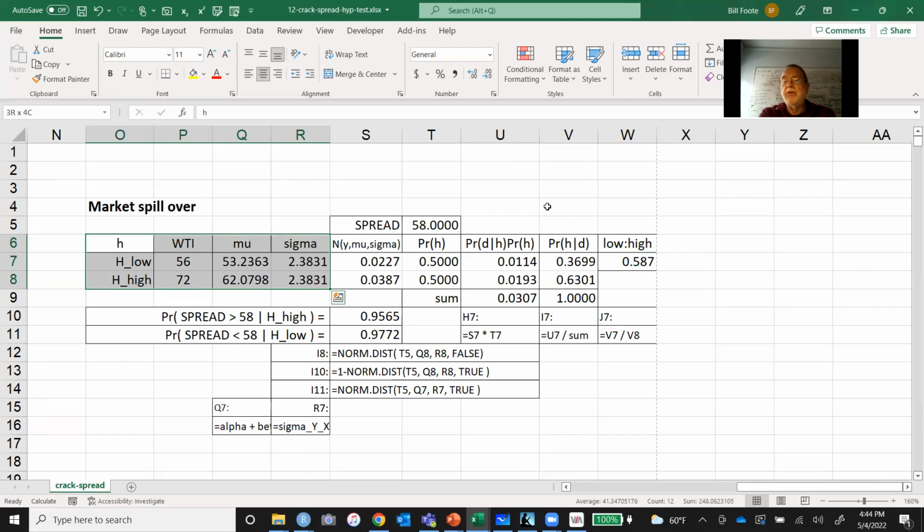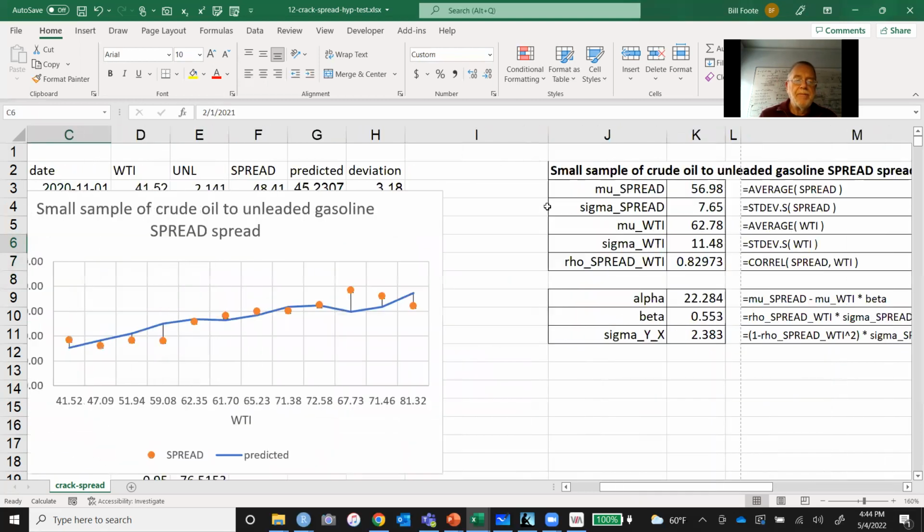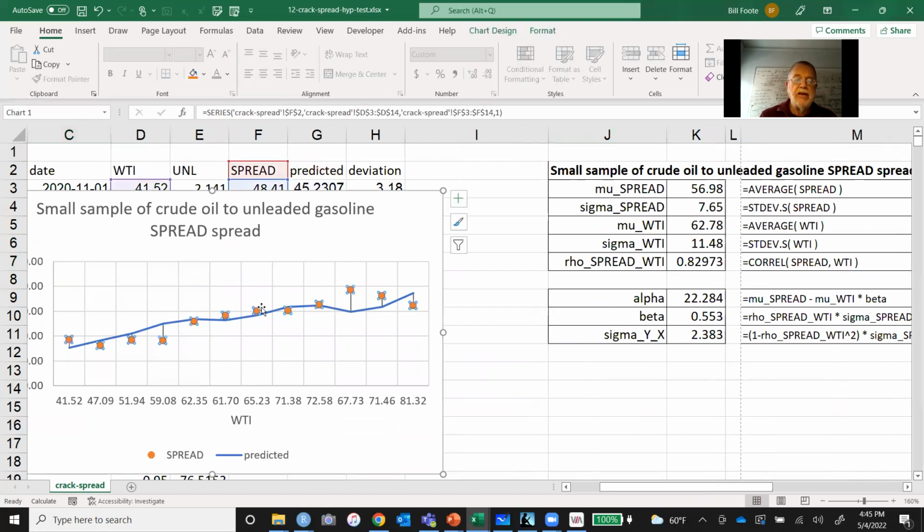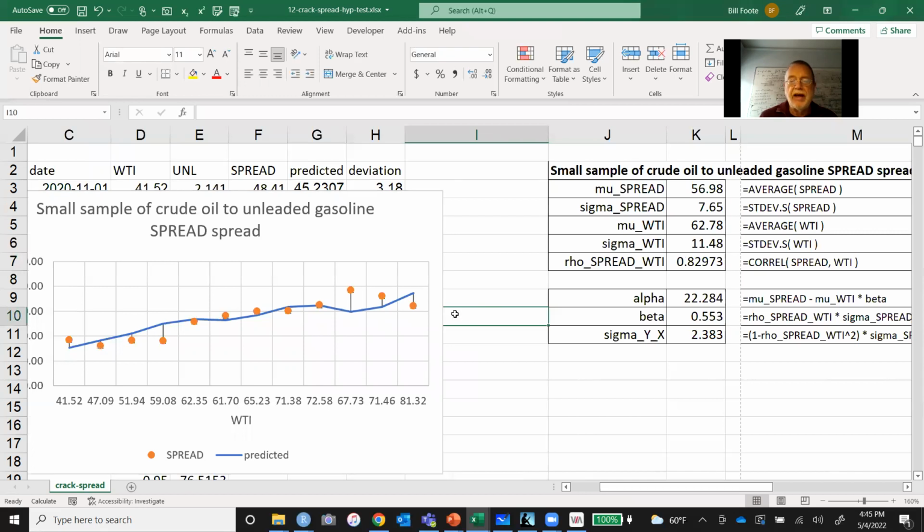The sigma is always going to be the same in a regression model. Sigma is a measure of these deviations. What is the average square deviation, square root of that, across the entire model? That's what sigma is measuring, and it's only $2.38. That's all per barrel. That's it.